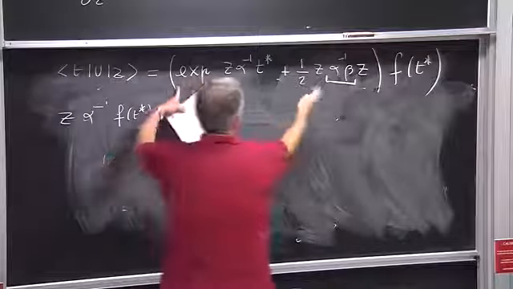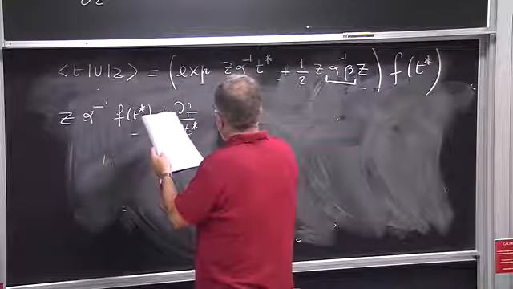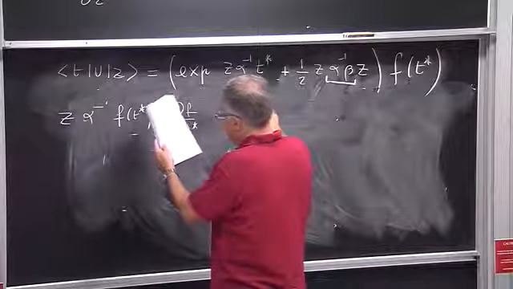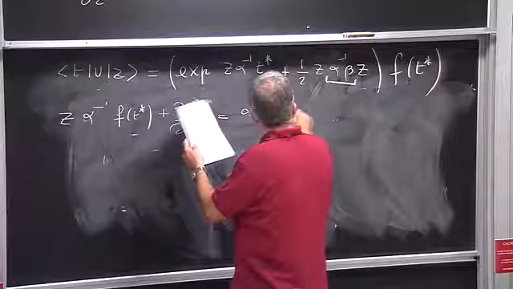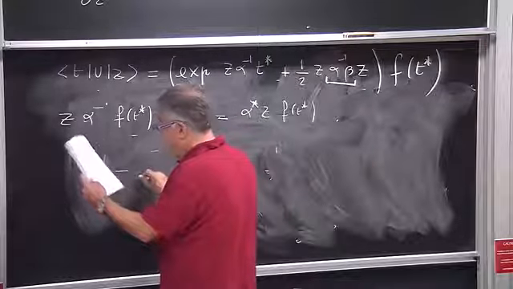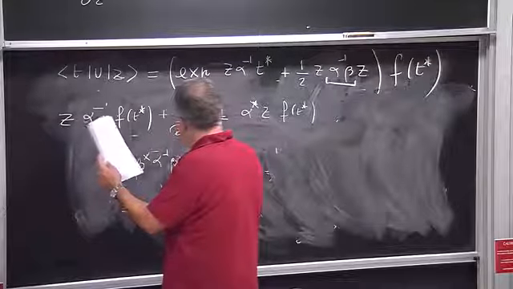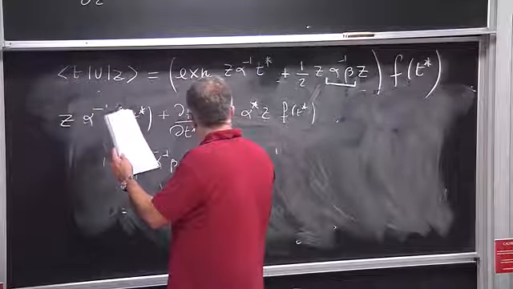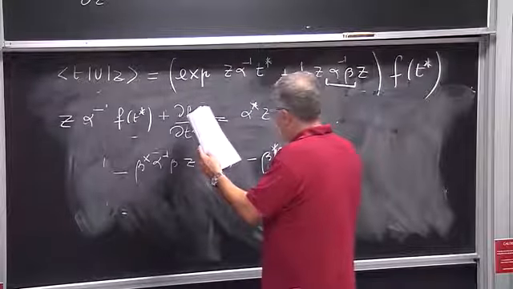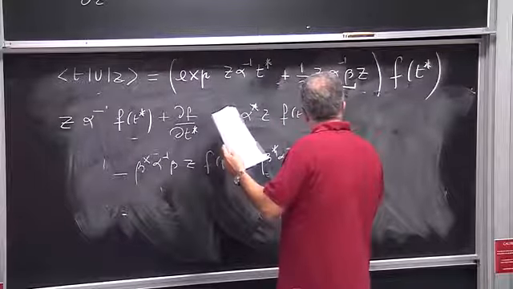So I assume this form. I input it there, equals alpha star z f of T star minus beta star alpha minus 1 beta z f of T star minus beta star alpha minus 1 T star f of T star.